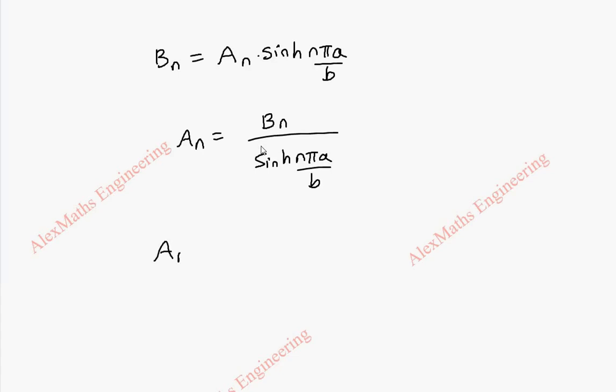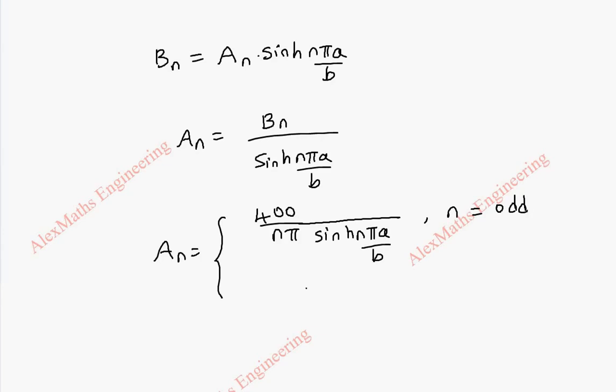So an will have two parts now. Bn value is 400 by n pi when n is odd and Bn is 0 when n is even. Actually, I have to write the sin h n pi a by b also here, along with this denominator, that is sin h n pi a by b when n is odd and it is 0 when n is even.